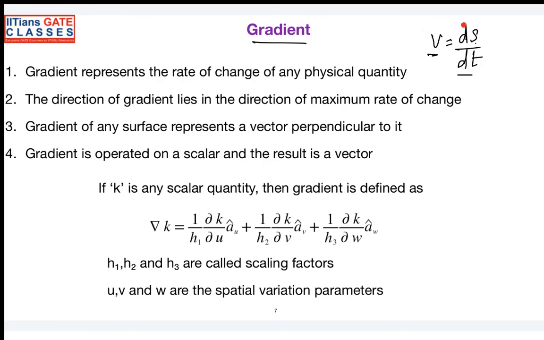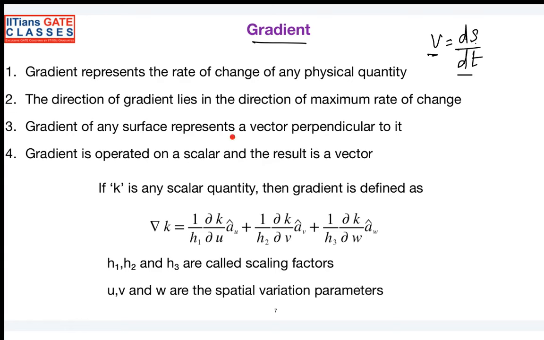And in other words, suppose you have any particular surface, the gradient of the surface represents a perpendicular vector. So the third point is, the gradient of any surface represents a vector perpendicular to it. For example, you take an xy plane. The xy plane is represented with z equal to constant, right?